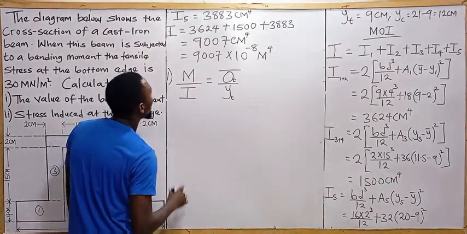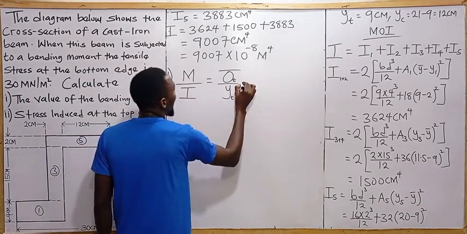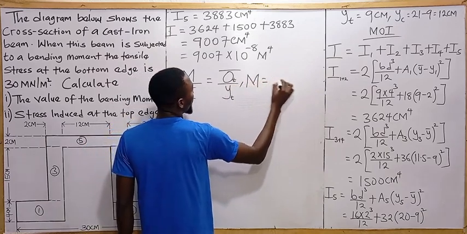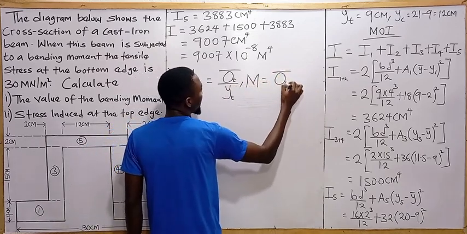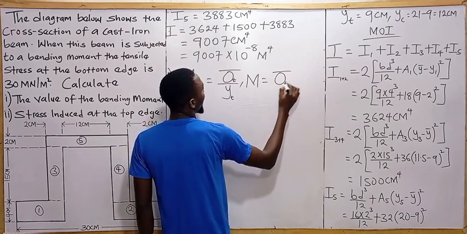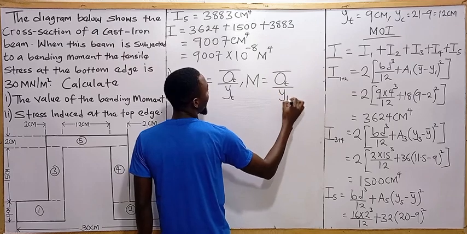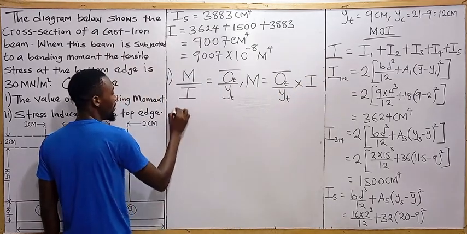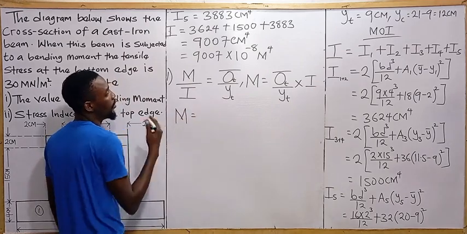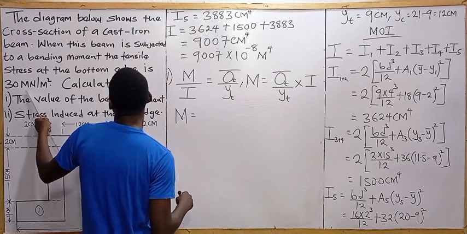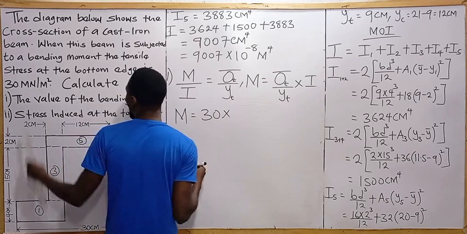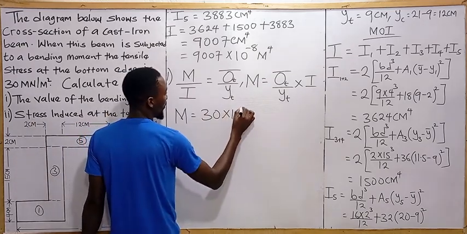All right. So let's make our maximum bending moment the subject. So this is going to be equal to the maximum tensile stress all over y tensile, multiplied by I. So the maximum bending moment, if we substitute now, we are going to have 30 multiplied by, because it is mega, 10 to the power of 6.